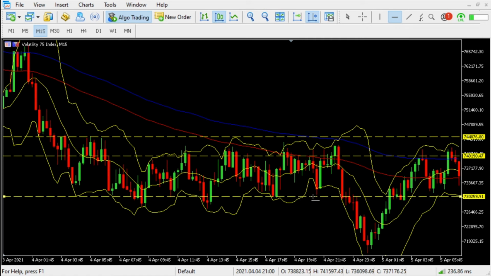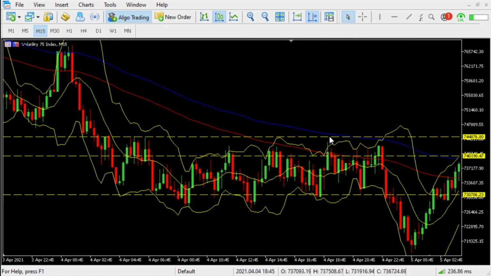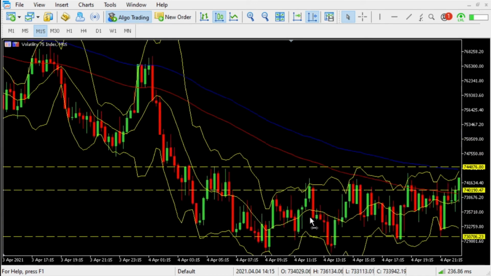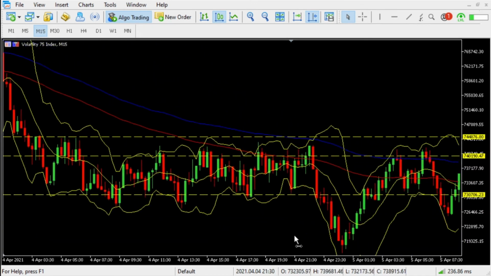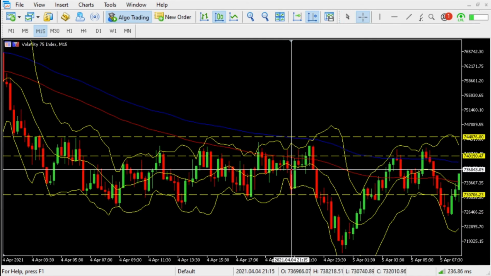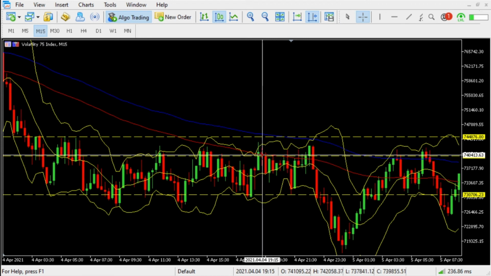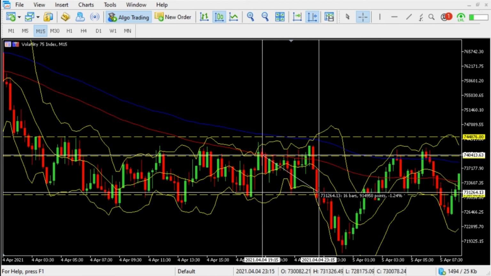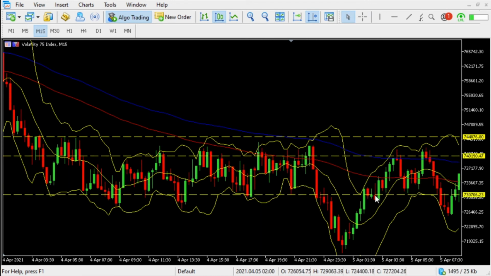So my take profit would be around this area. If you did take the trade there, you'd have quite a few profits or pips collected, and it is a nice little short trade of about 16 bars. Now that is only on the 15-minute time frame.